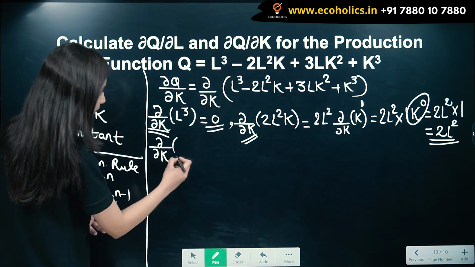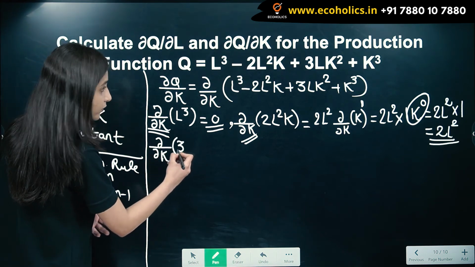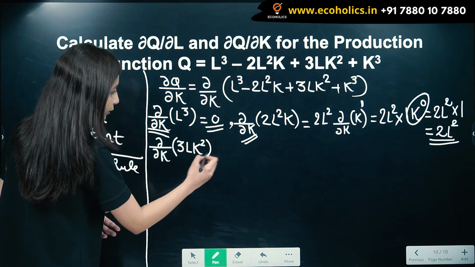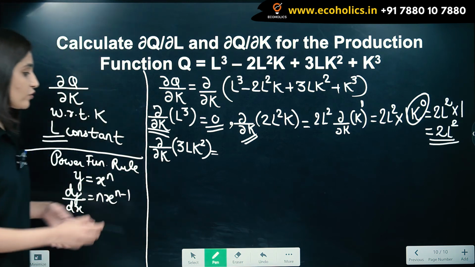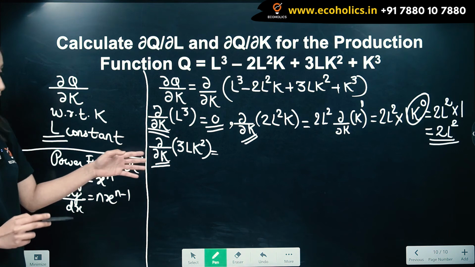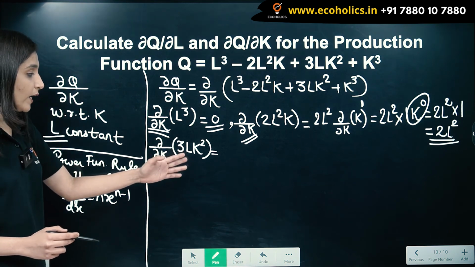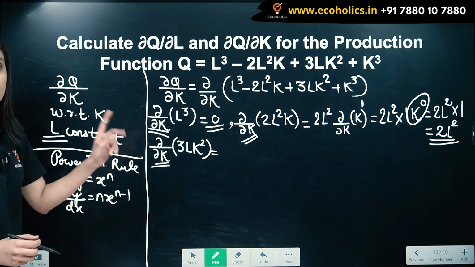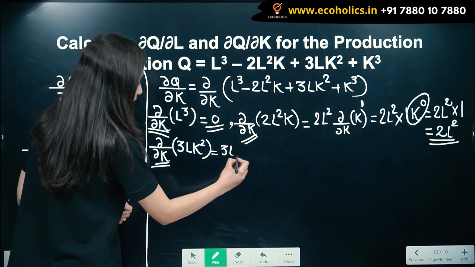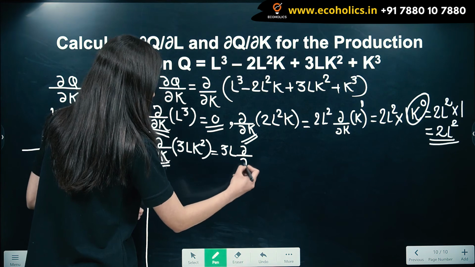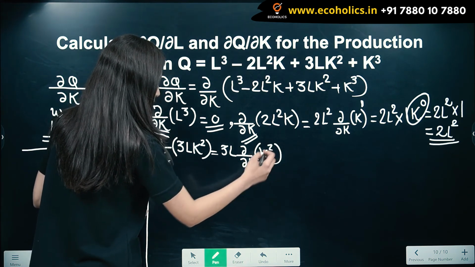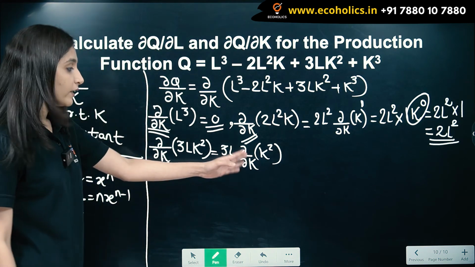Now, let's calculate 3Lk square. Because we are differentiating with respect to k, we will take the L term as constant. So in this case, we have two constant terms, that is 3 and L. So we are just going to differentiate the k square term.